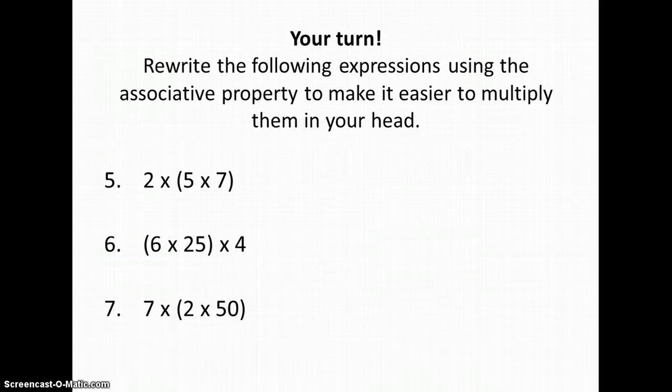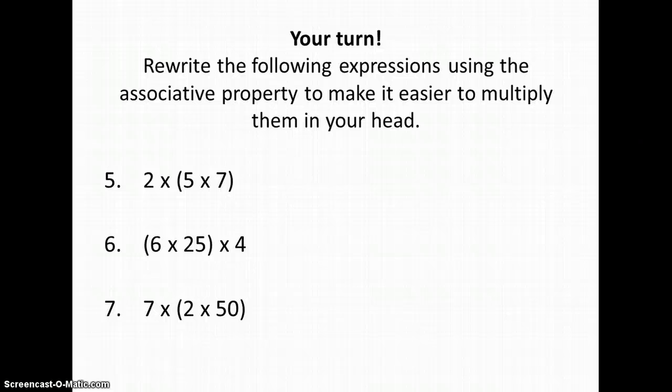Now it's your turn. Rewrite the following expressions using the associative property to make it easier to multiply them in your head. In the work section of your WSQ, write the problems for 5, 6, and 7. Then rewrite each of these expressions using the associative property, moving the parentheses, not the order of the numbers, so that you can multiply them more easily in your head.